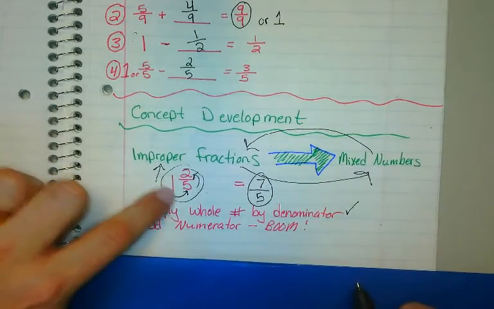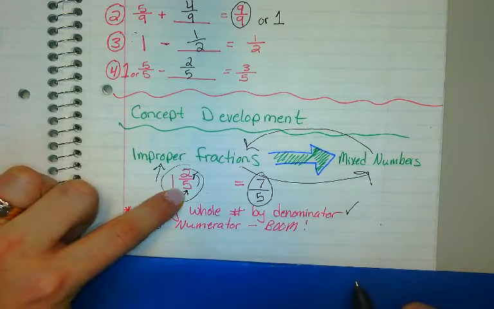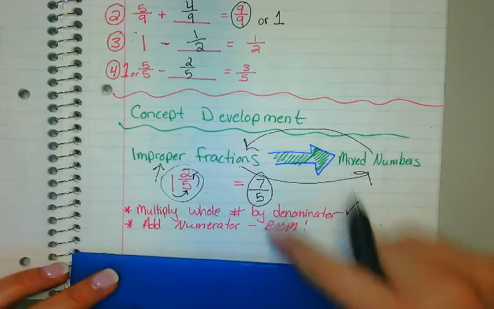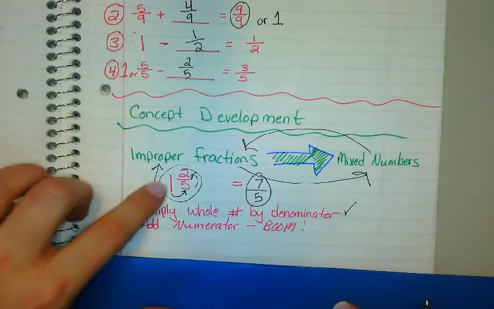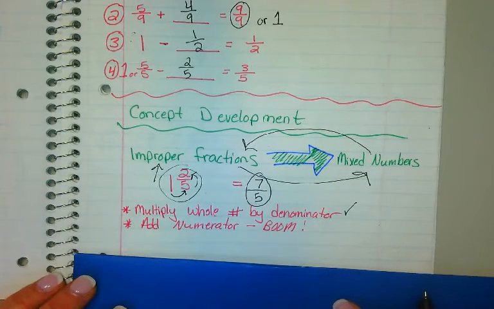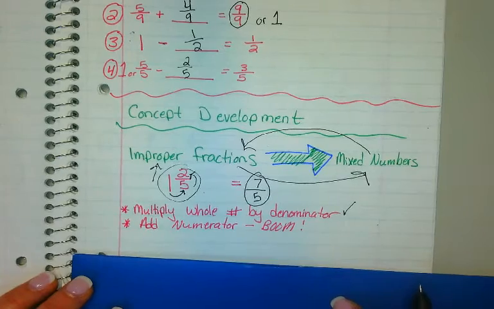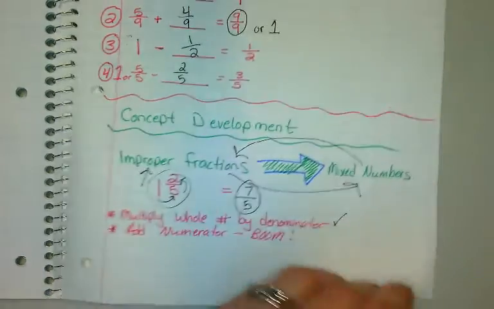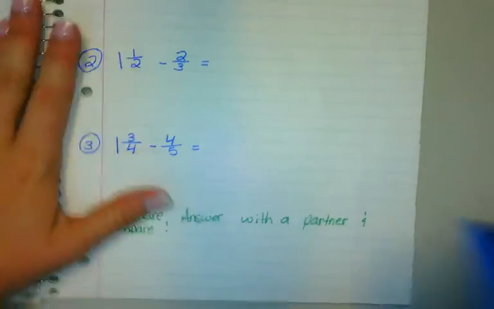I went 1 times 5 is 5. 5 plus 2 is 7. Put it over the same denominator. 7/5 is the same as 1 2/5. Okay? So that's how I'm going to turn a mixed number into an improper fraction. Okay? Banana.